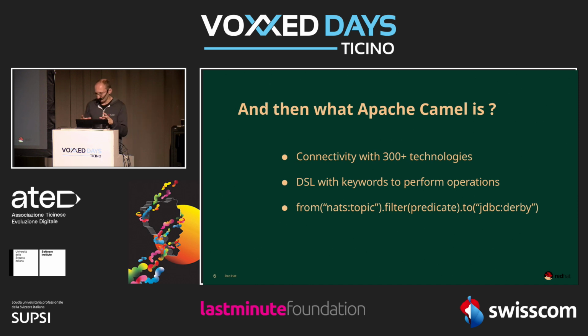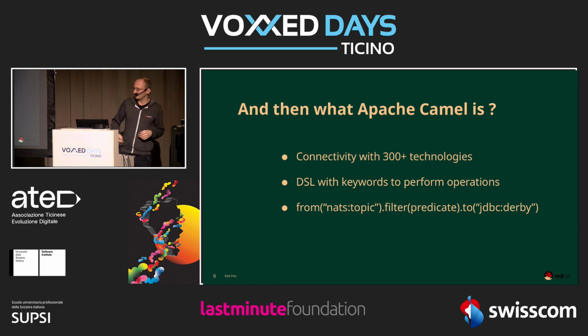In the middle, because you are now able to create and produce messages, we need something that helps us manage the most common operations you would have on those exchanges. And this is what we do with a DSL, domain specific language, dedicated to integration. We have just a few keywords, and they automatically do standard operations on messages.